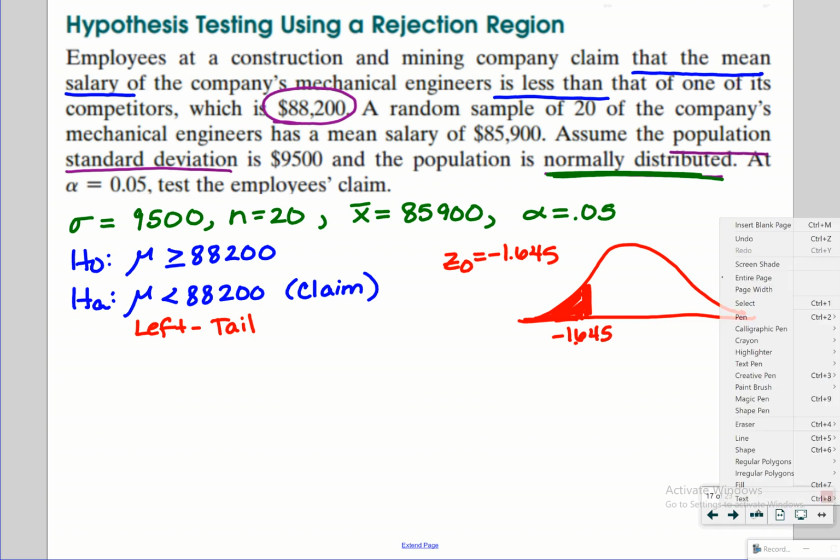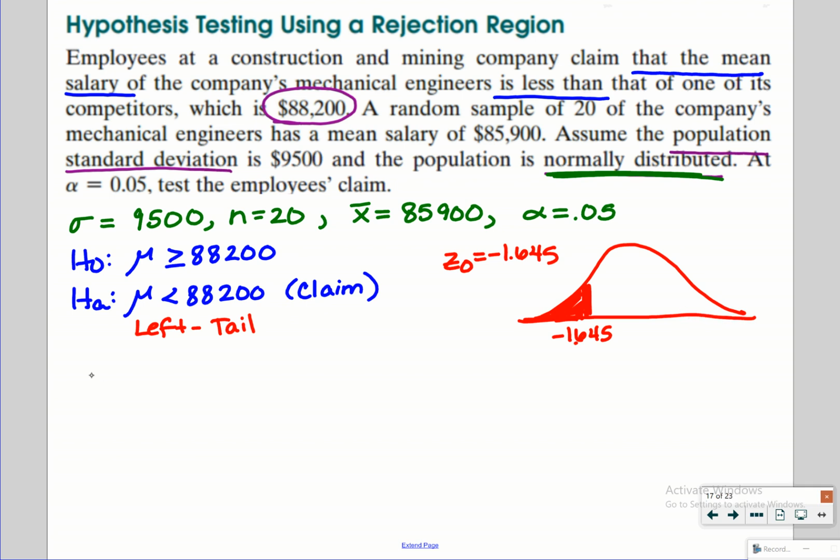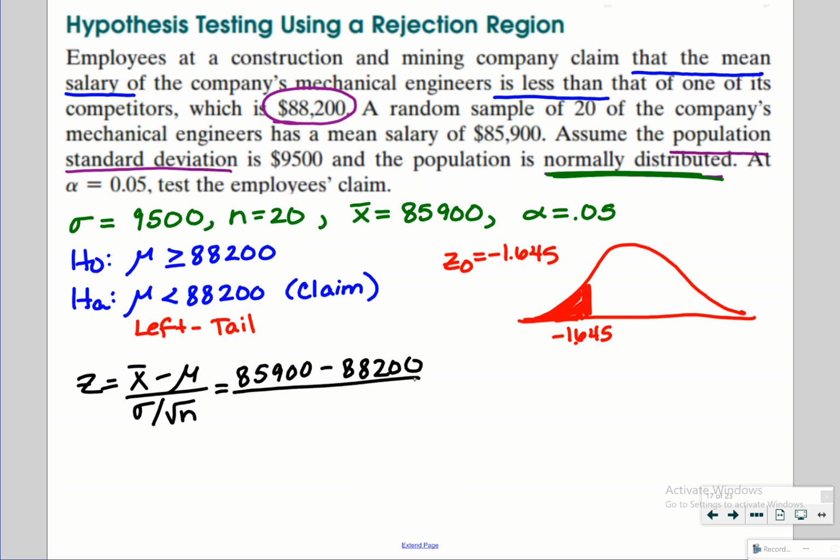So let's calculate our z value, just like we did yesterday, and see where it falls. So the formula yesterday was x bar minus mu, so remember it's always sample minus population on the top, divided by standard deviation over the square root of n. And we have all these things already. So 85,900 minus 88,200. Remember that mu is always coming from our claim and our hypotheses there, over 9,500 over the square root of 20.